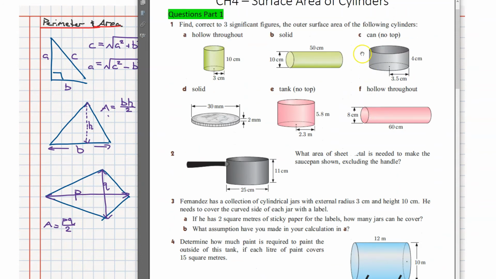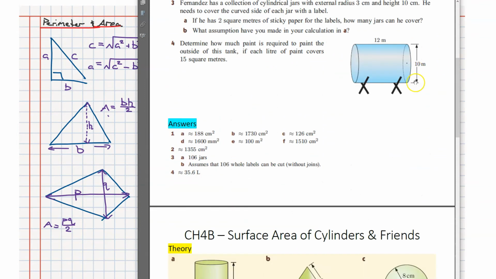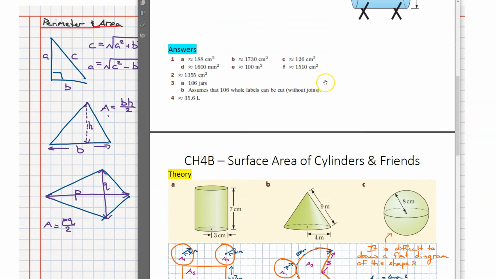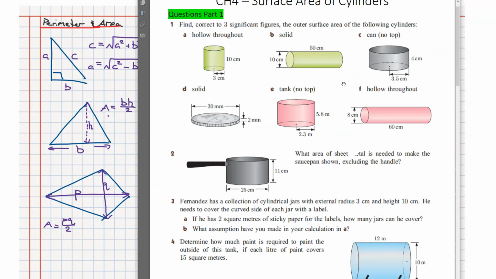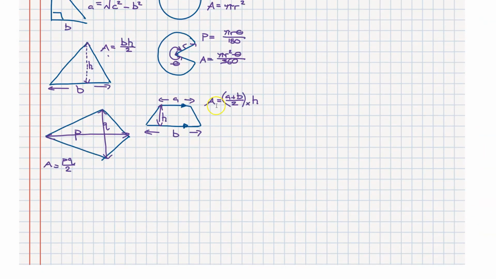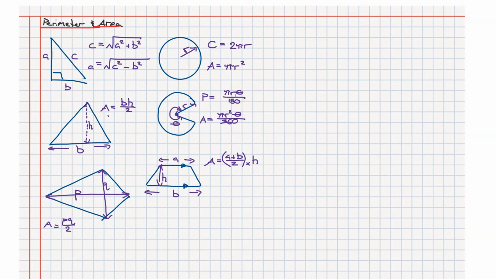So what we can see is the only challenging questions that we've done on surface area have been regarding the surface area of cylinders. If we go down a little bit more, there's some extension work, but this is year 10 stuff here, so we don't have to cover this in the test. But this stuff here. So what I'm going to do is I'm going to draw a little diagram of how to do surface area.